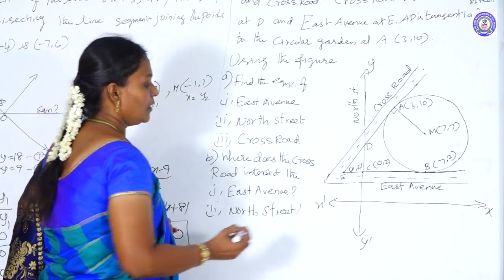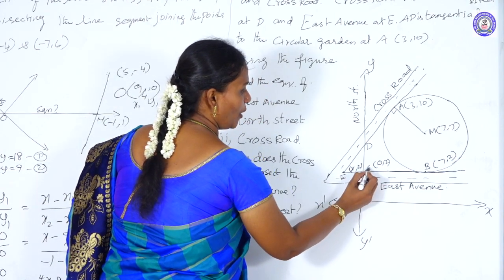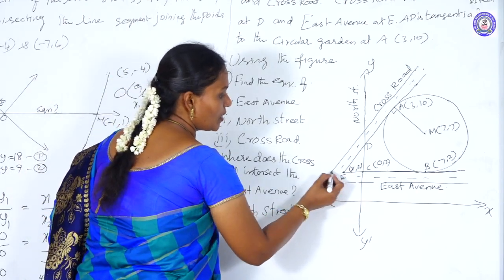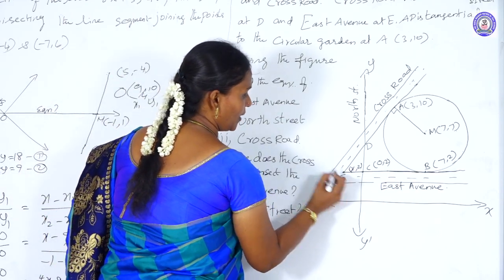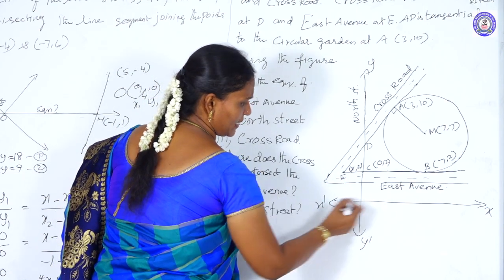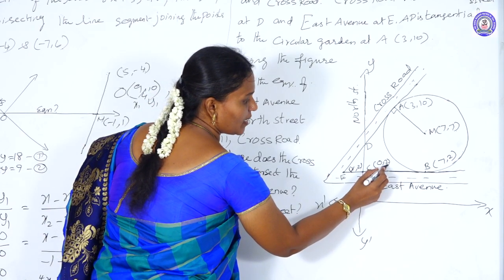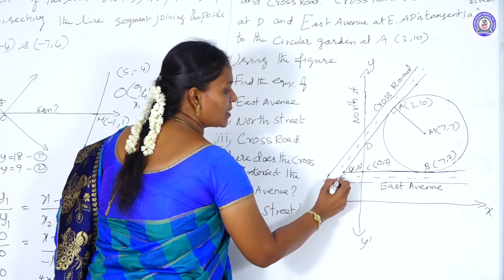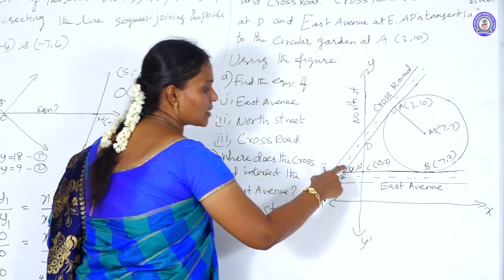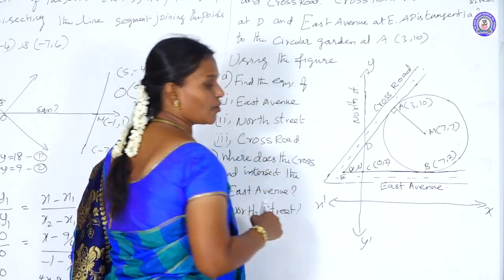In this East Avenue, you already know one point C of (0, 2). So this is also the same line, passing through the E point, and parallel to the x-axis. So the y coordinate is 2, which means at this E point also the y coordinate is 2, and only x is unknown. So you have to find the unknown x coordinate.